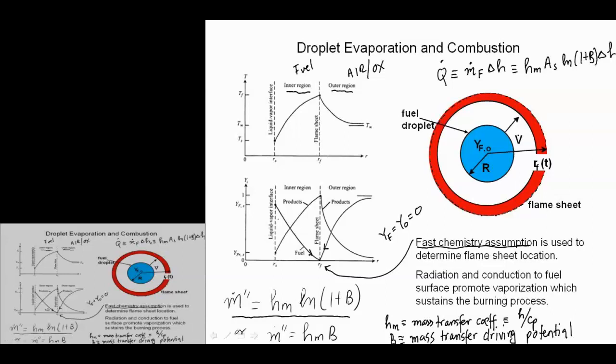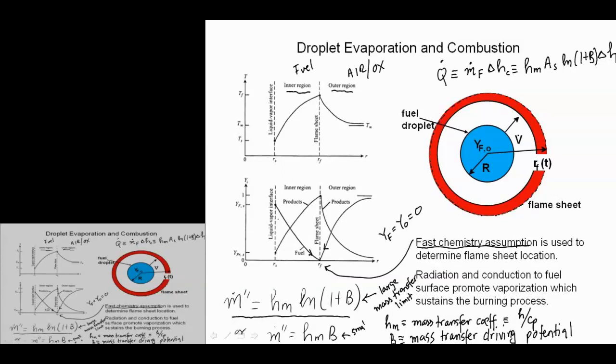The difference between these two notations, this is sometimes called the large mass transfer limit. And this is the small mass transfer limit.